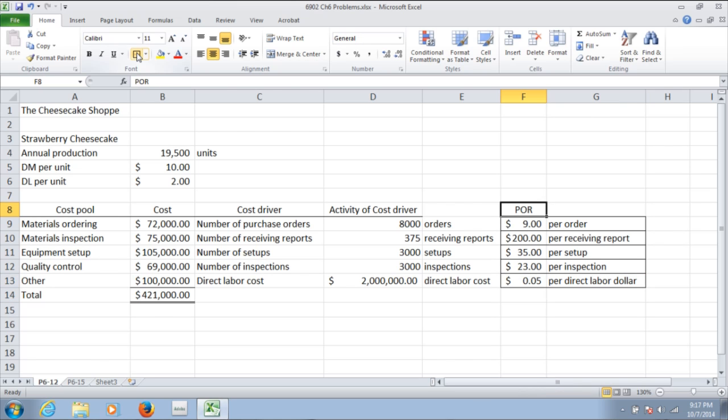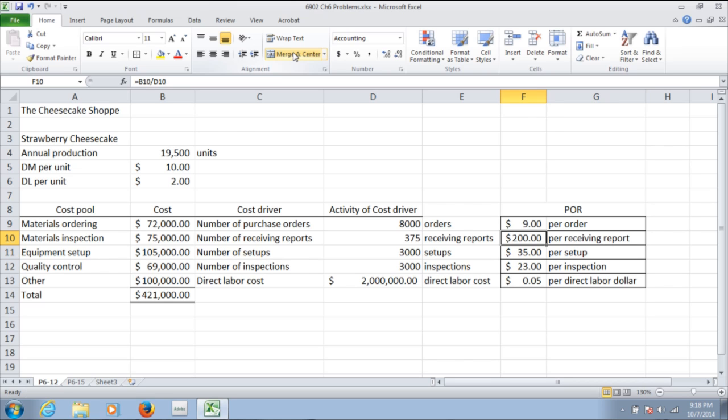And I would say even here for POR, this is where I would want to merge the cells so that we have this accordingly. So over here in columns F and G, it's $9 per order, per purchase order, $200 per receiving report, and so forth.